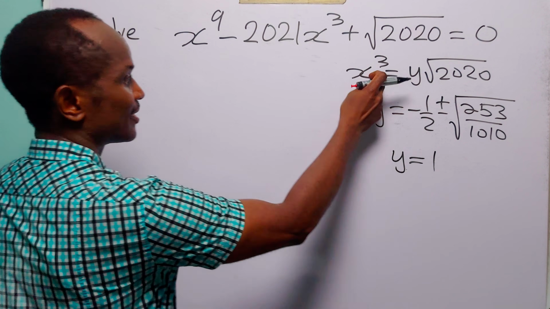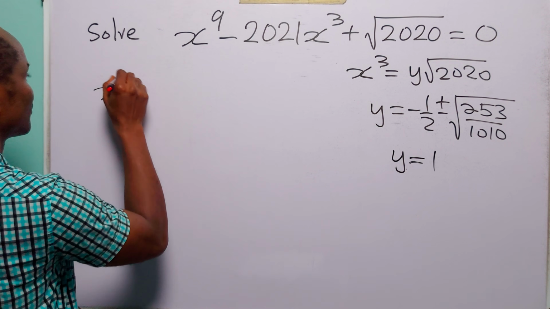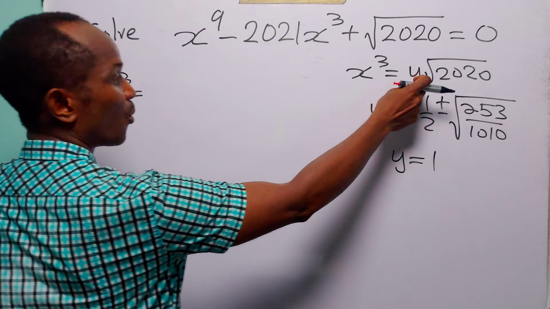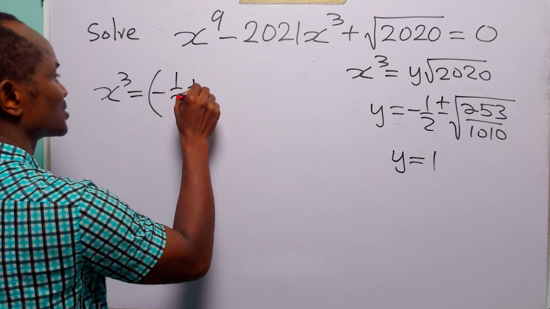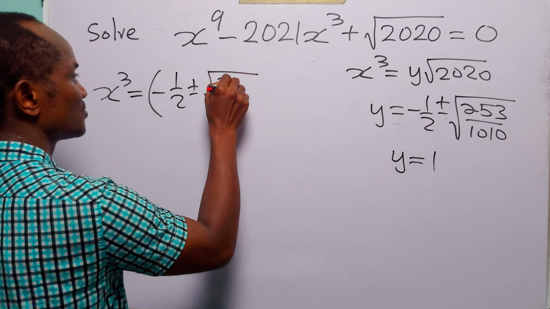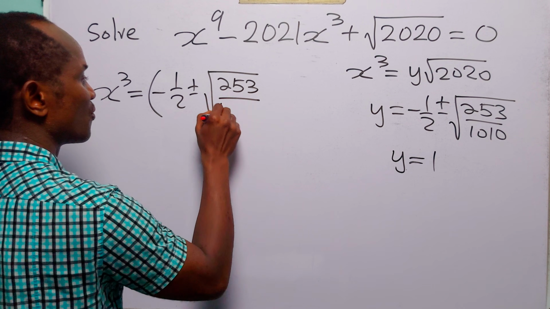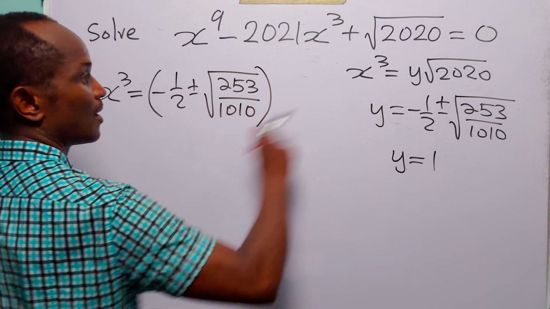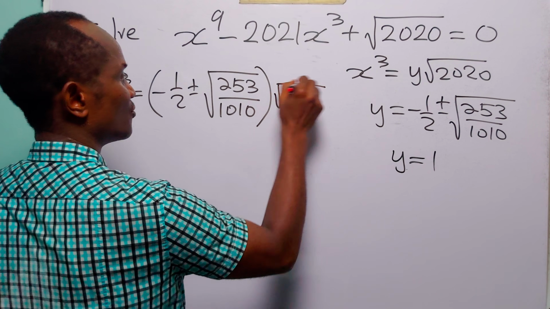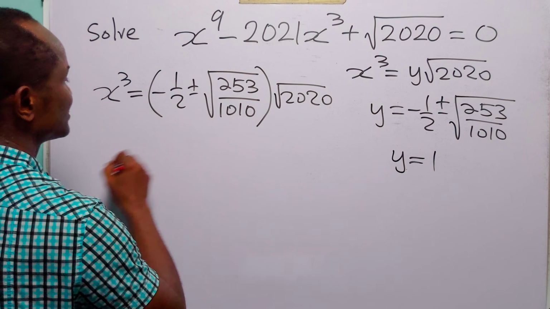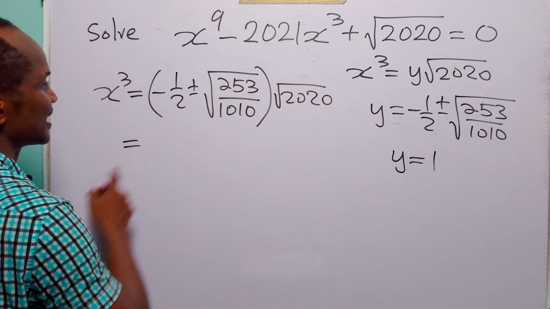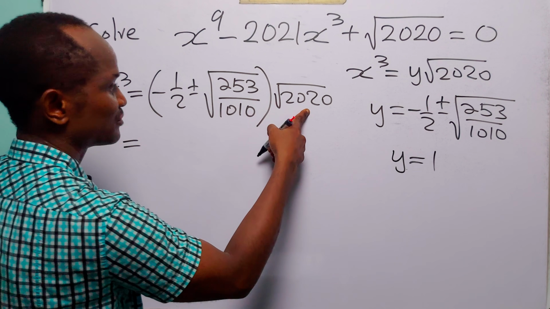Now, in this case, we have that x cubed is equal to y, that is minus half plus or minus root 253 over 10 multiplied by root 20.